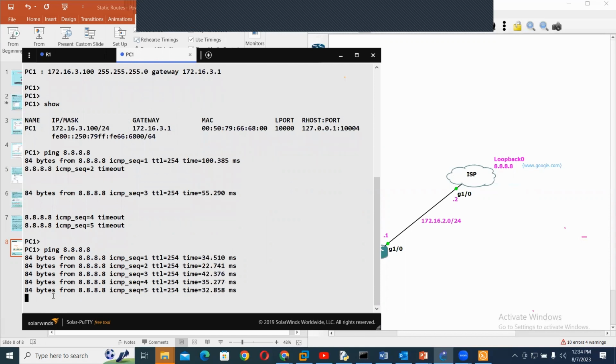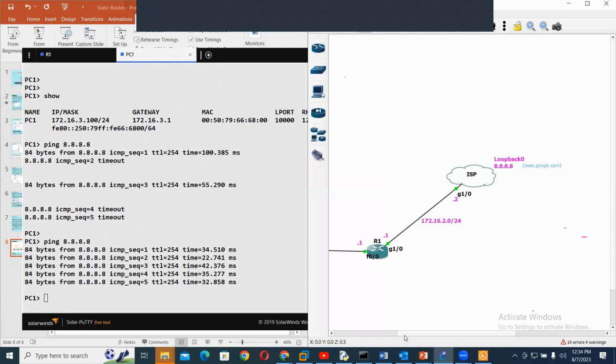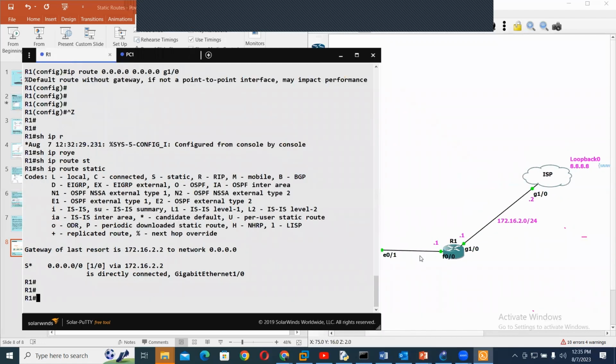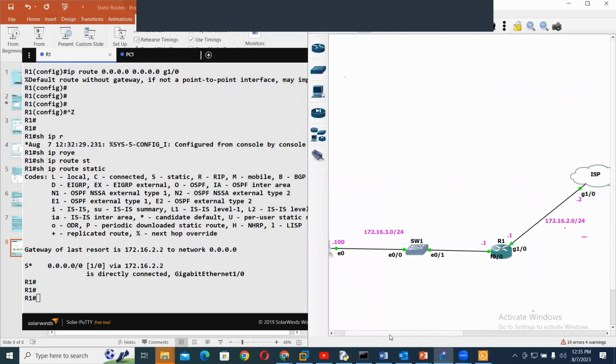We can access the internet because of what? Because of the static route. Of course, in a real scenario, we should do more configuration on router 1 to access the internet. But here, I just want to show you how to do it for the static route.